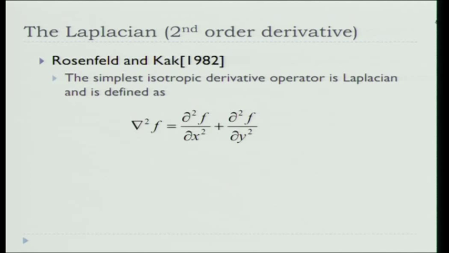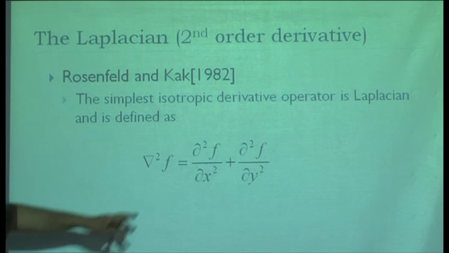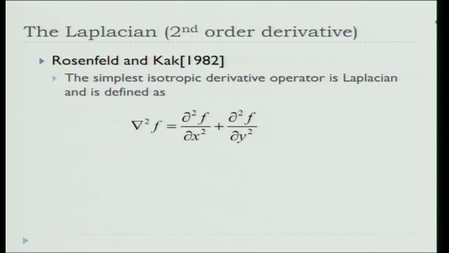Now, the Laplacian filter is a second order derivative. The simplest isotropic derivative operator is given by del square f by del x square plus del square f by del y square. Isotropic means that it keeps the property along both the directions, and along all the directions basically, x direction and y direction. So, that is what we have taken, this derivative and also with respect to y.